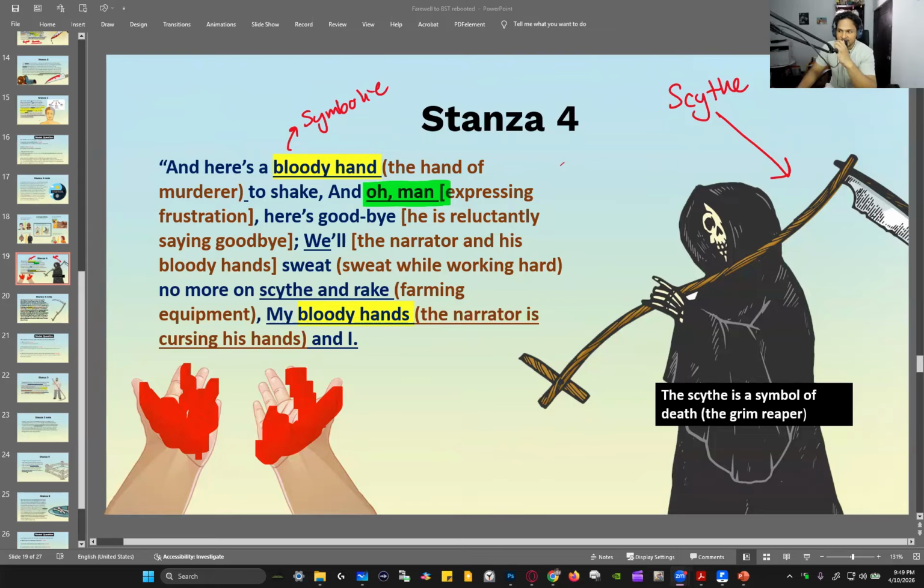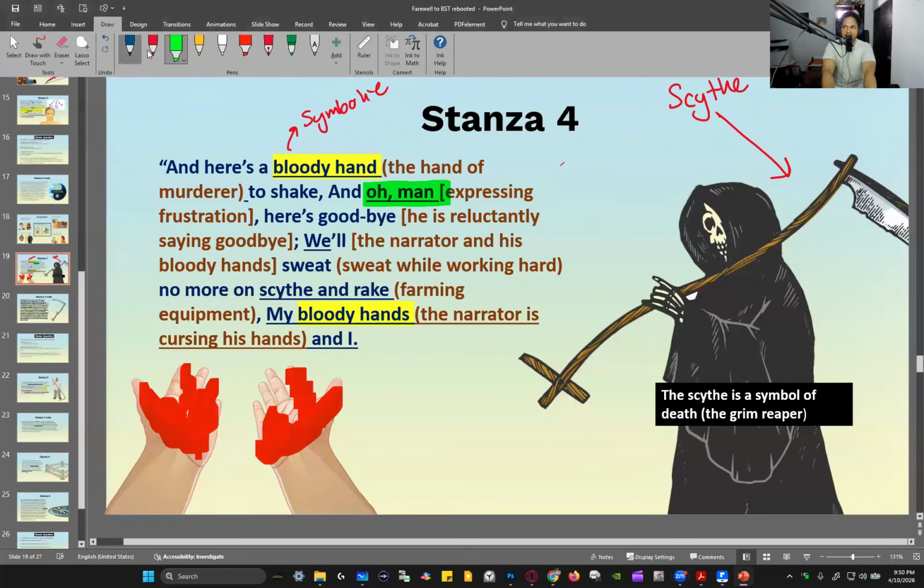All right. Will sweat no more on scythe and rake my bloody hands and I, Hafsa. What do his bloody hands symbolize? They symbolize the hands of a murderer, by the way. There's repetition as well, right?